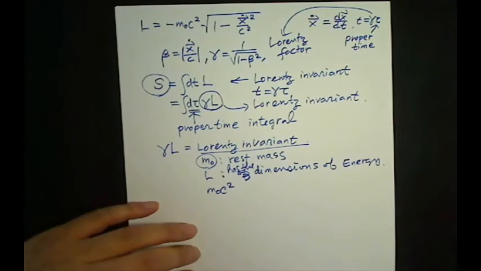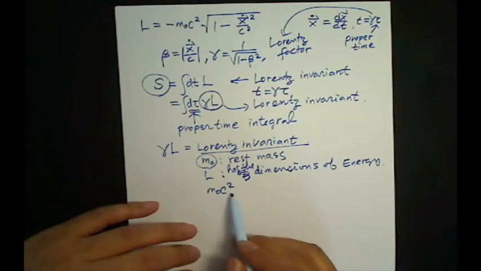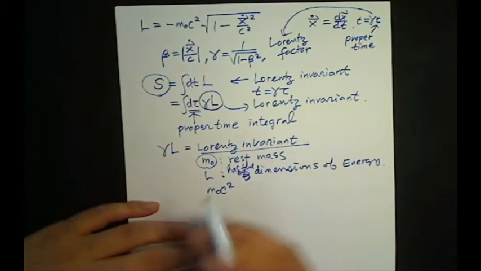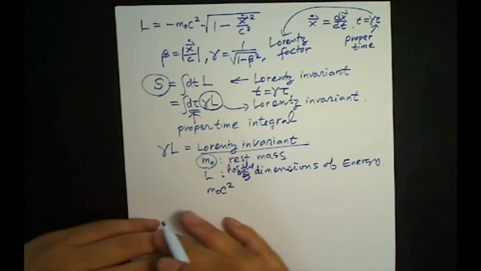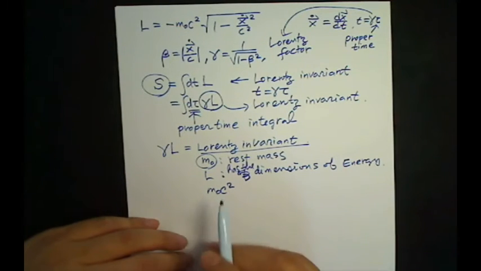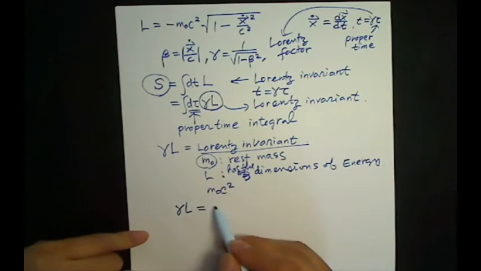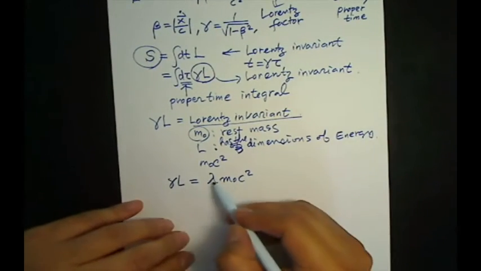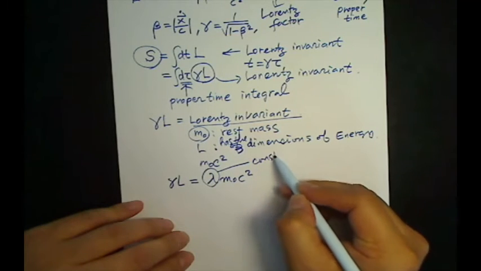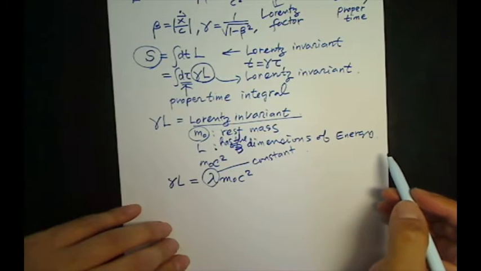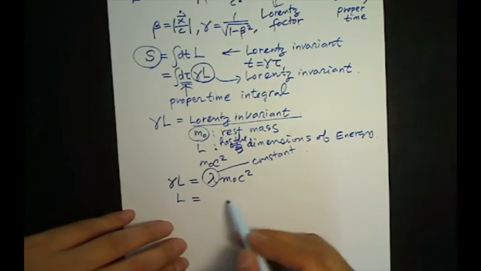For a particle which is not moving, the only constant available to have the scale of energy is mass multiplied by velocity squared, and the invariant velocity in the world is just the speed of light. So gamma L must be m0c squared multiplied by some constant.